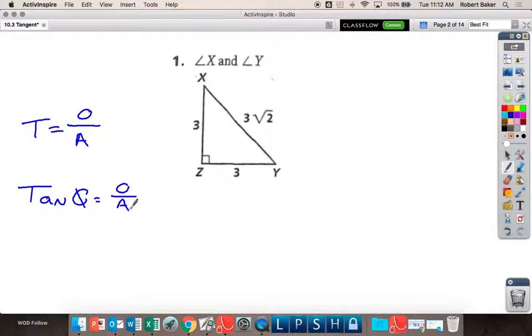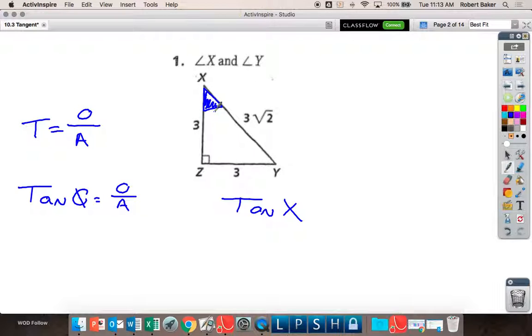So theta in this case could be x or it could be y. We never trig at the right angle. All right? So if I'm asking you to find the tangent of x, what is your theta in that scenario? X. So I'm asking you to tangent from angle x.